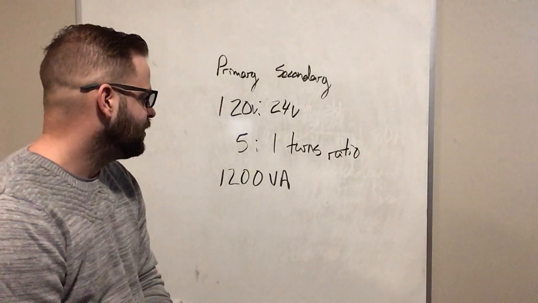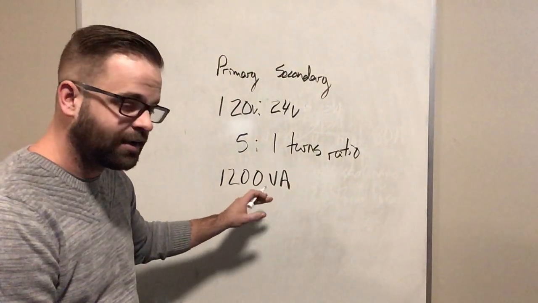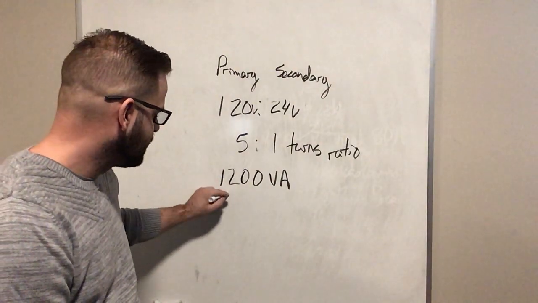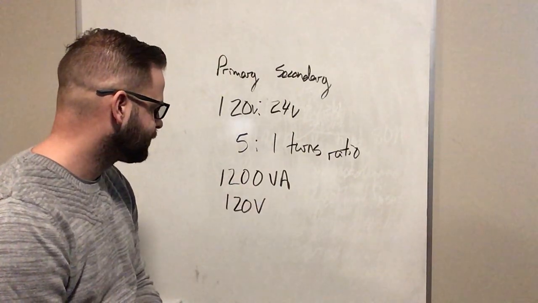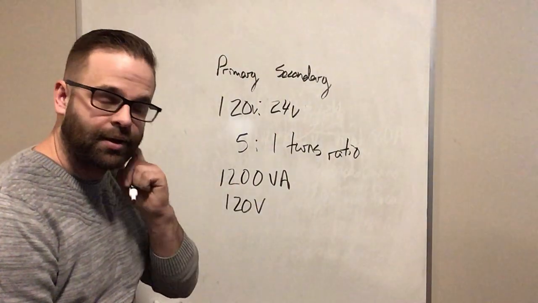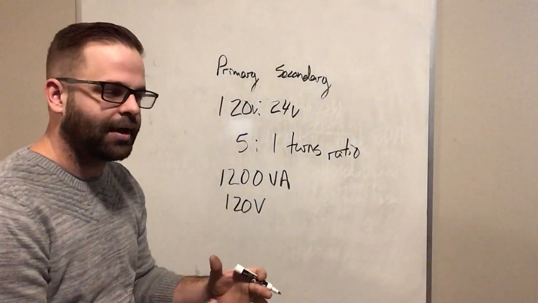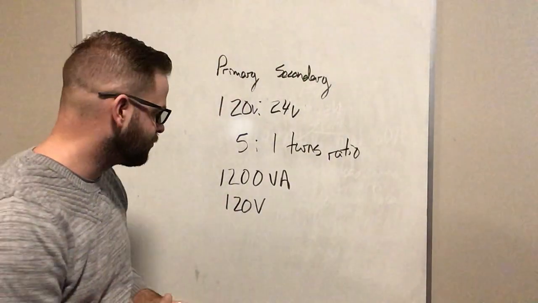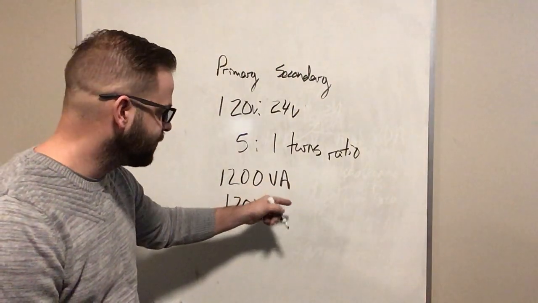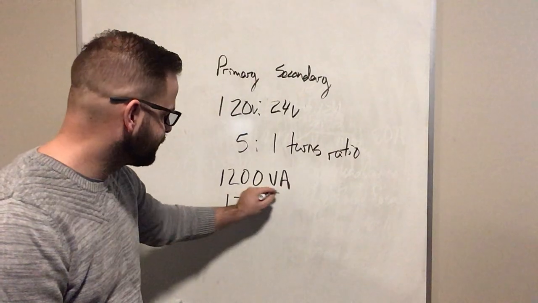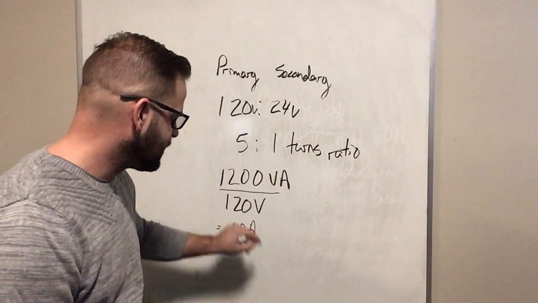If I had 1200 volt amps on my transformer at 120 volts on my primary, what would that mean for the amount of current that's being supplied or could be used by that transformer? Well, if I take my VA, that's power, divided by volts, that's going to give me an ampacity of 10 amps.